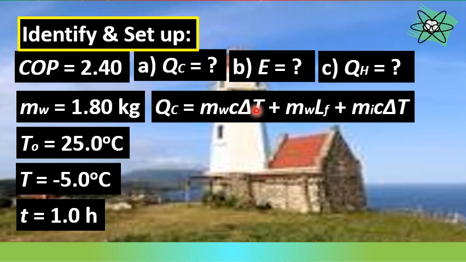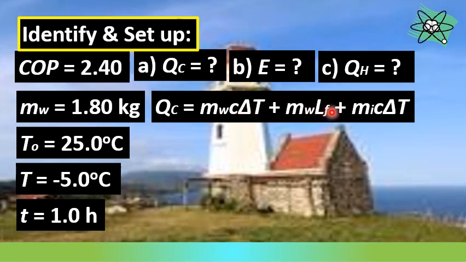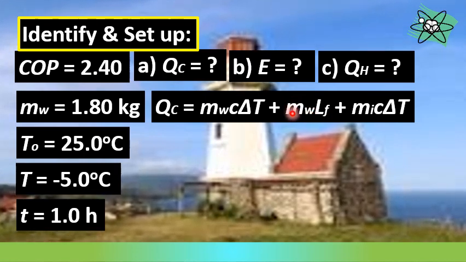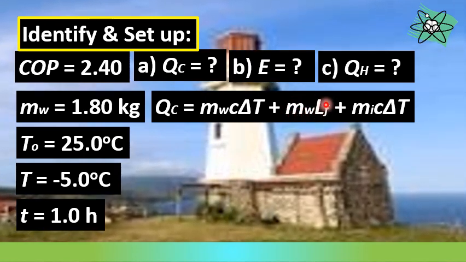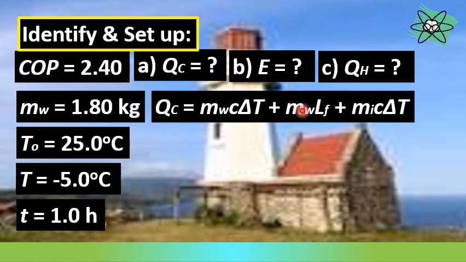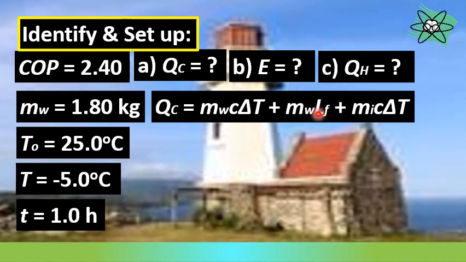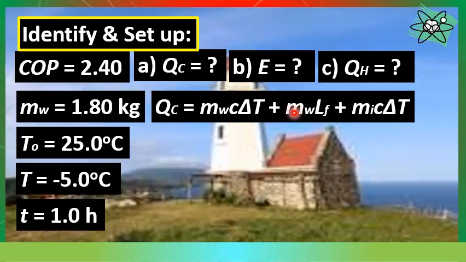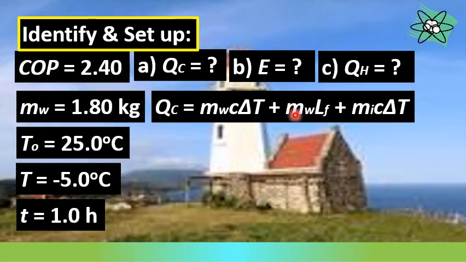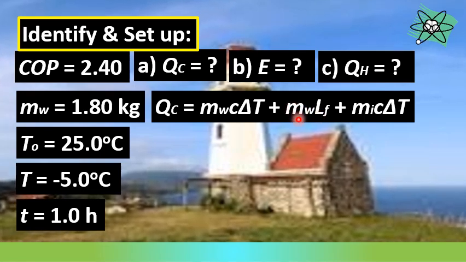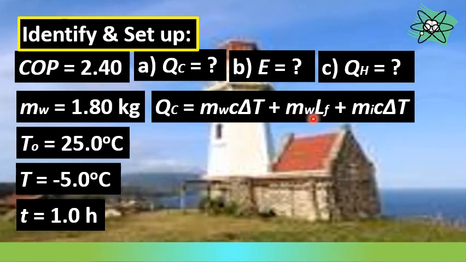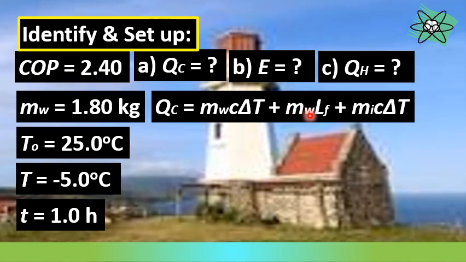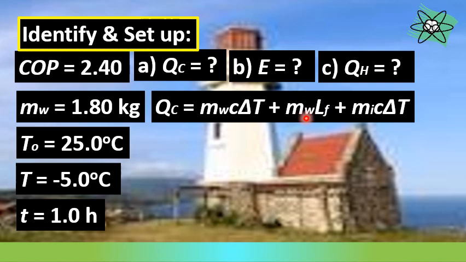The second term, which will be denoted later as Q sub 2, represents the amount of heat extracted from water in order for the water to freeze, or to turn into ice at 0 degrees Celsius.